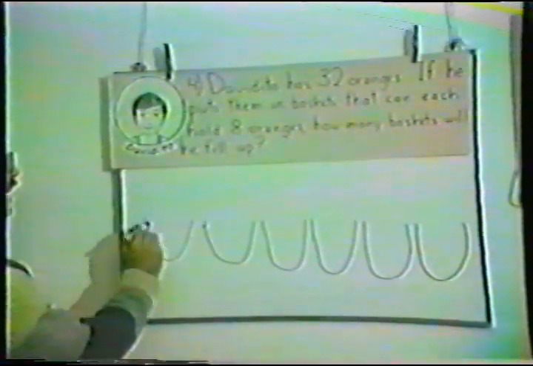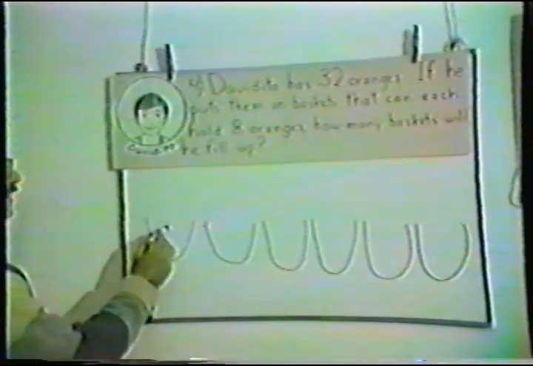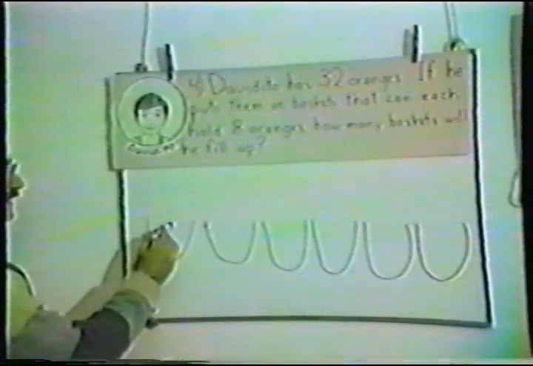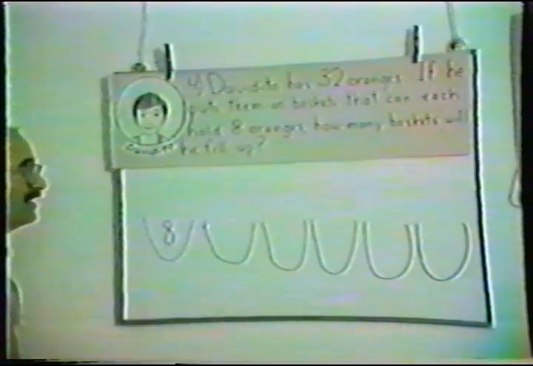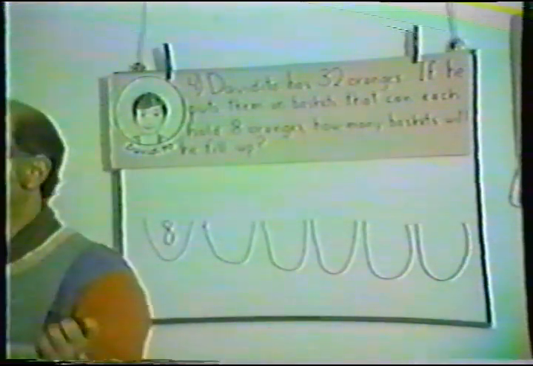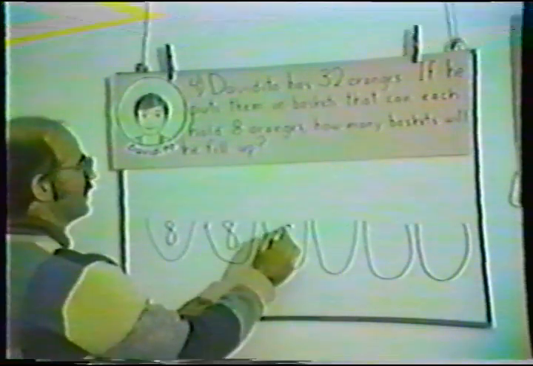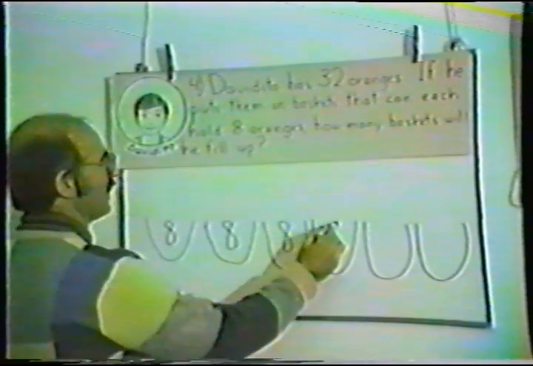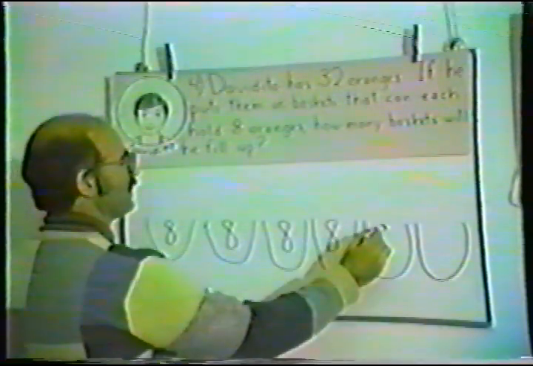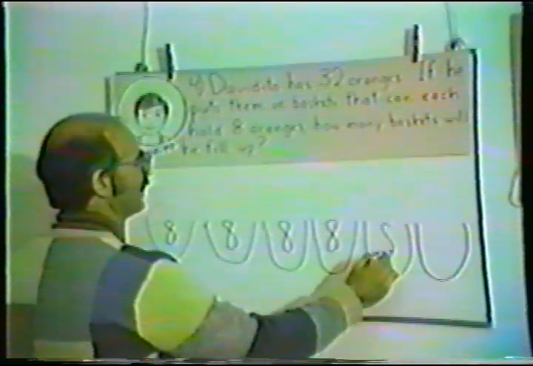Okay, how many oranges can we put in the first basket? 8. Each basket holds 8 oranges. All right. How many in this basket? 8. How many in this basket? 8.